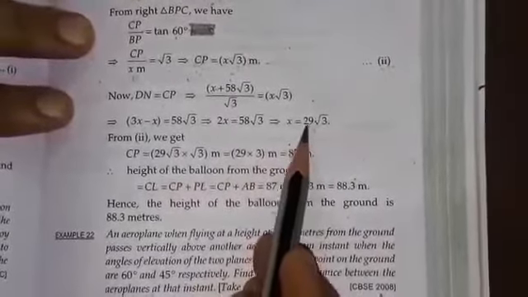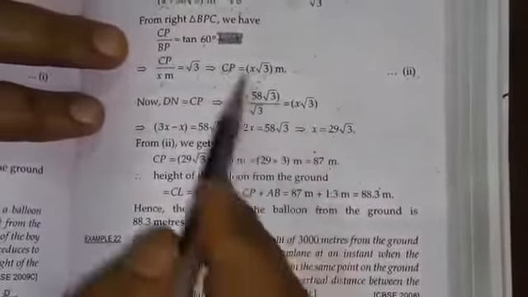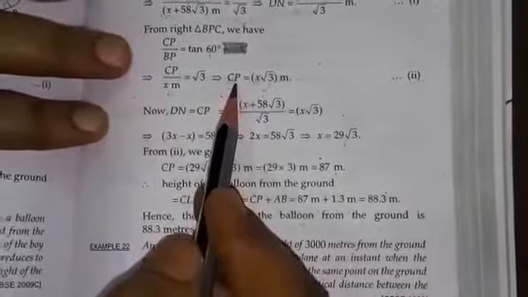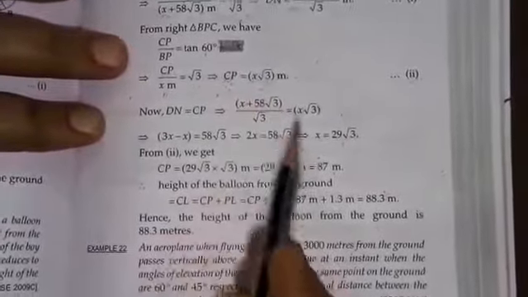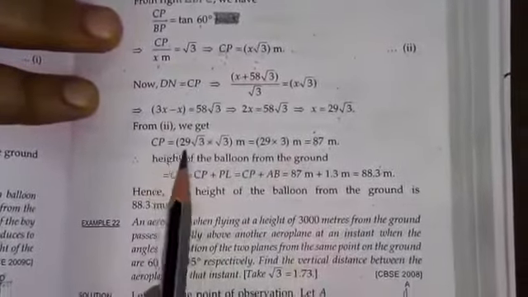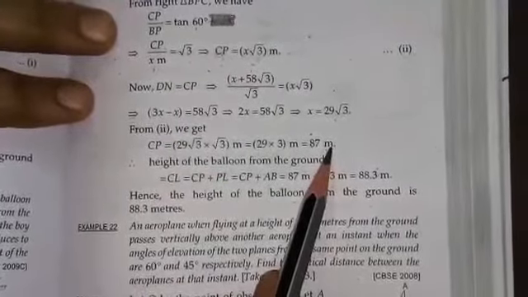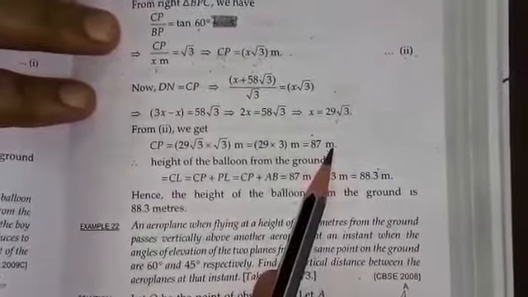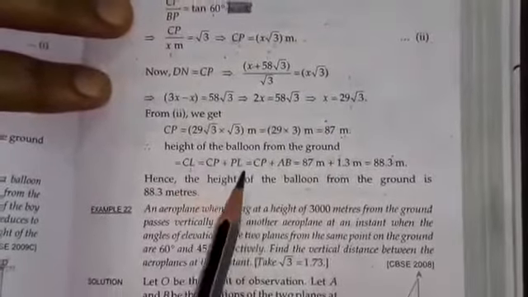But once we get the value of X, we need to find the value of CP, which is X root 3 or 29 root 3 into root 3. See it here. CP is 87 meters. So now we found CP. The height of the balloon from the ground is CL, which is CP plus PL.